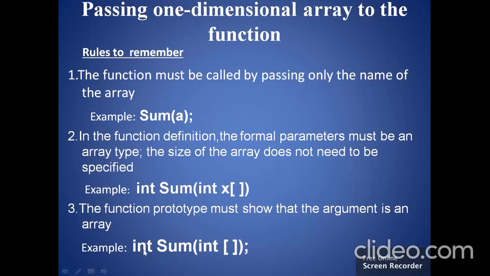Here, this int represents the data type of the value that this function will return to the calling function. The sum represents the function name. And inside the bracket, we have int, and here we do not mention the array name. We just put the empty square bracket. This empty square bracket will inform the compiler that this function will accept only an array of integers.